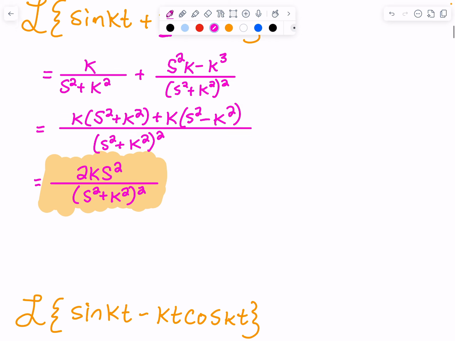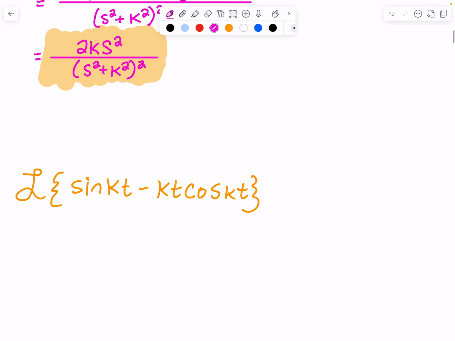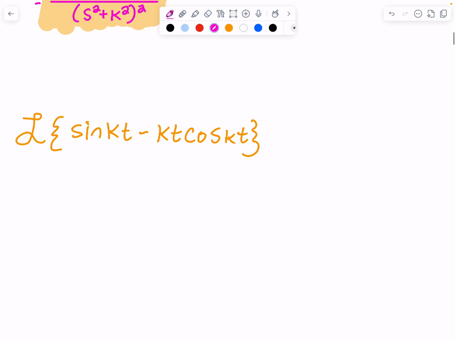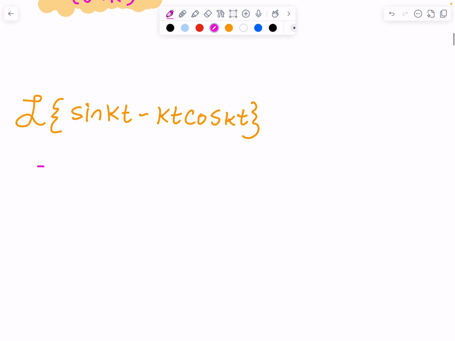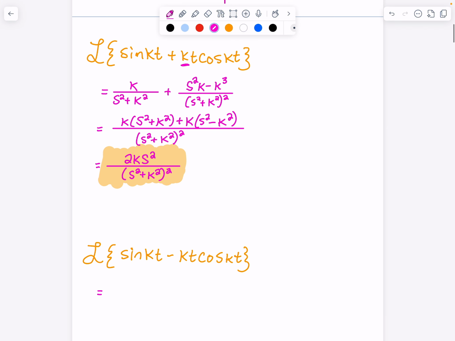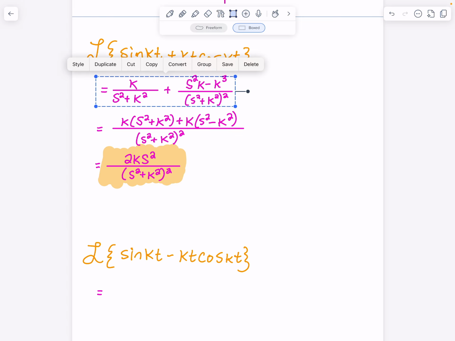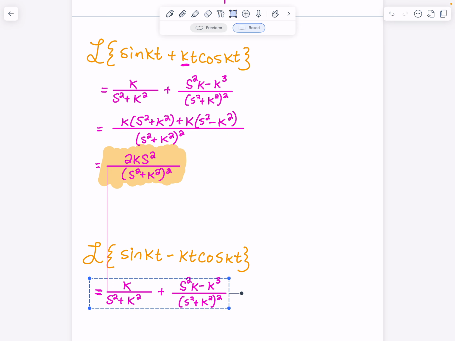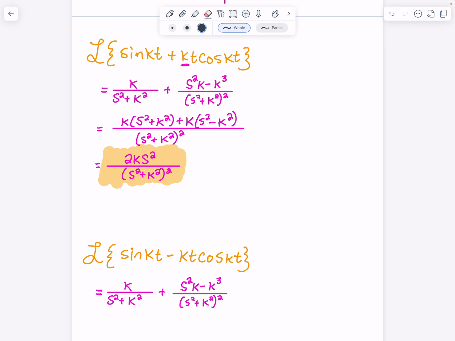All right, we'll do another one that comes up often. Same thing. I can be lazy here, I'm going to go ahead and copy and paste this. The only thing that changes really here is that now I have a minus in between.